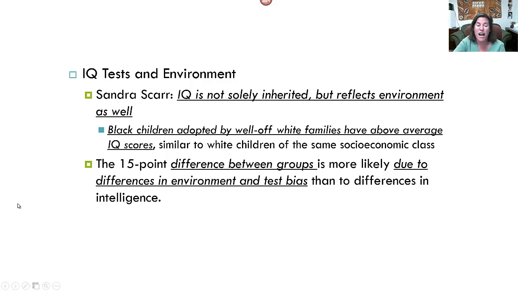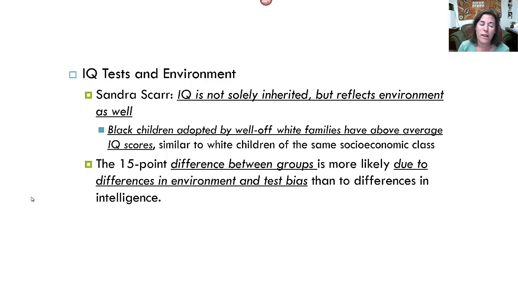IQ is also not solely inherited, but also reflects environment as well. Black children that were adopted by well-off white families have above average IQ scores, similar to white children from the same socioeconomic class.